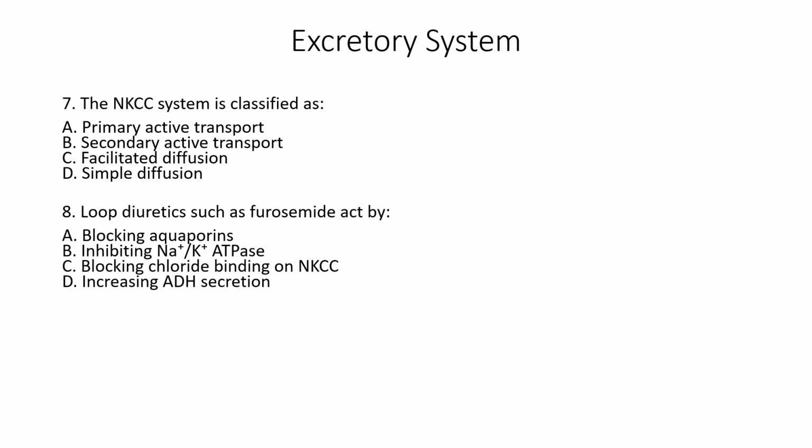So you don't have enough sodium uptake, you will not have as much water uptake equivalently. So more sodium and water is excreted. So essentially, by blocking chloride from binding NKCC, you have more sodium and more water being excreted out. So it's making a person urinate more, or it's causing diuresis, right? So that is how this loop diuretic functions.